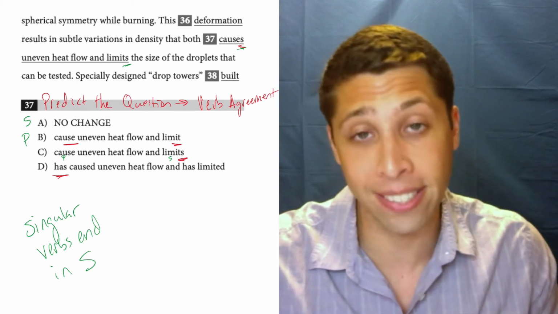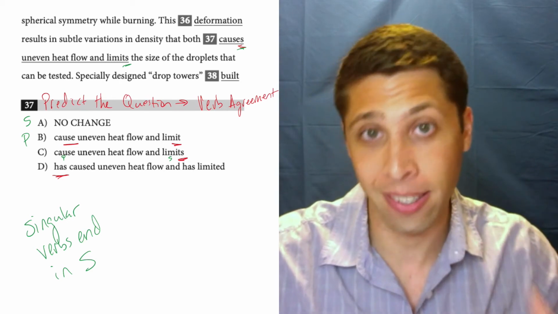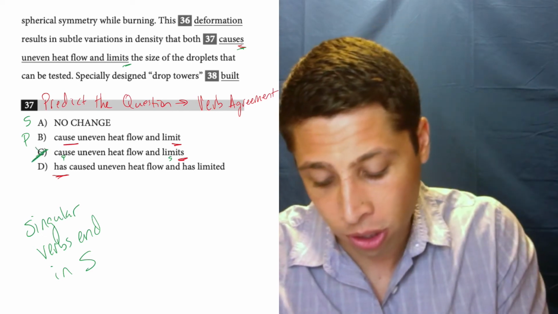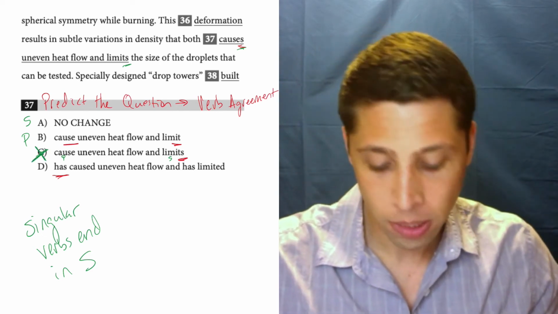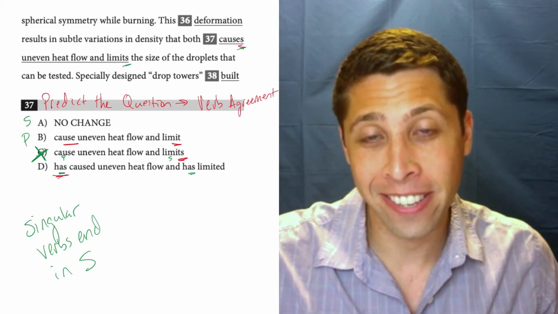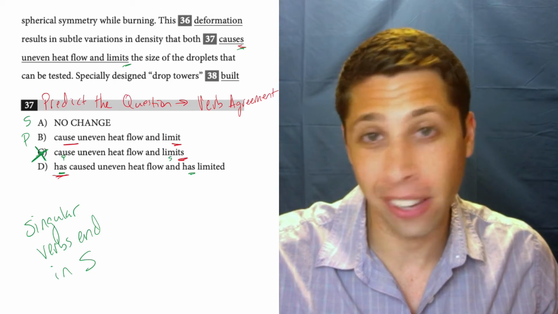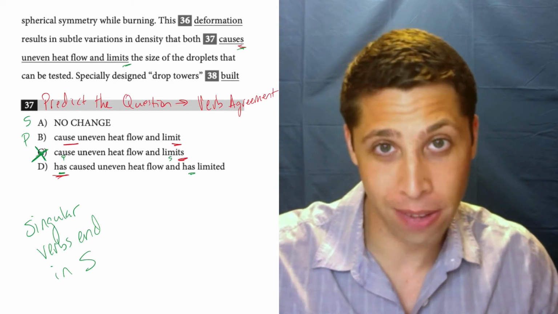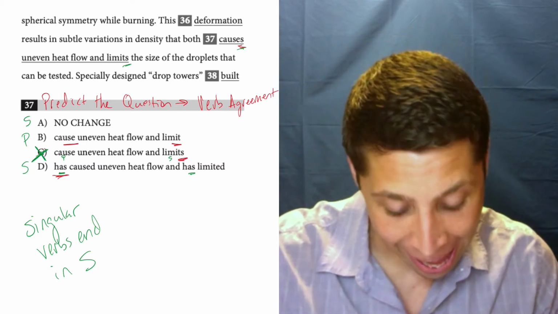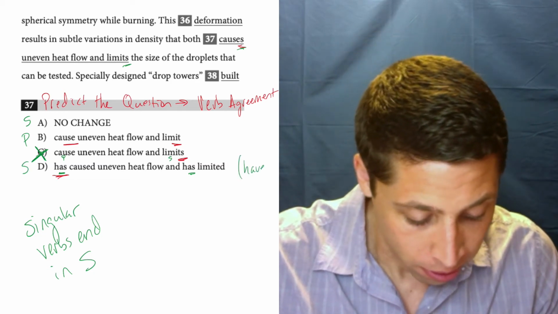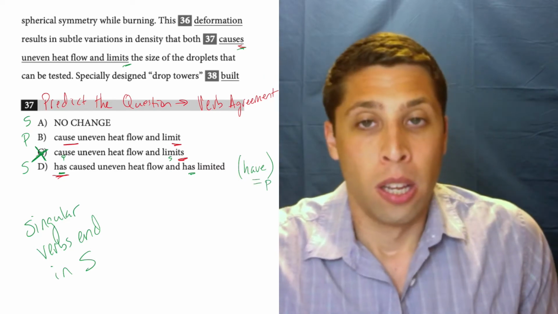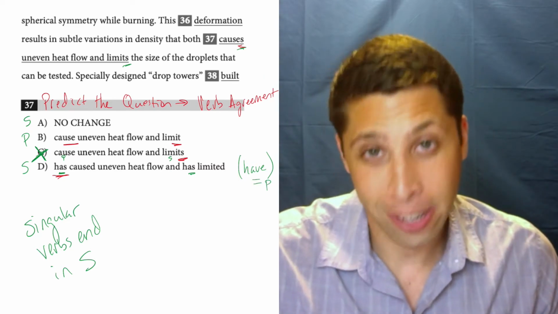I don't know what the thing is yet, but the structure of that sentence is it's one thing doing two actions. So this just doesn't make any sense. And then D, also singular. Has is an irregular verb, but it doesn't break this rule. It still follows this rule. Has is singular. The plural version would be have, just to put it up there. Have equals plural.